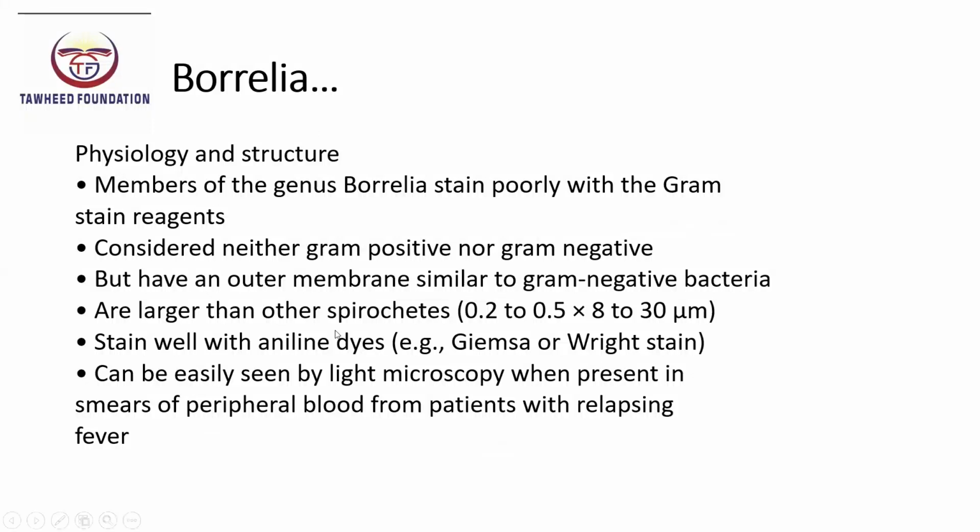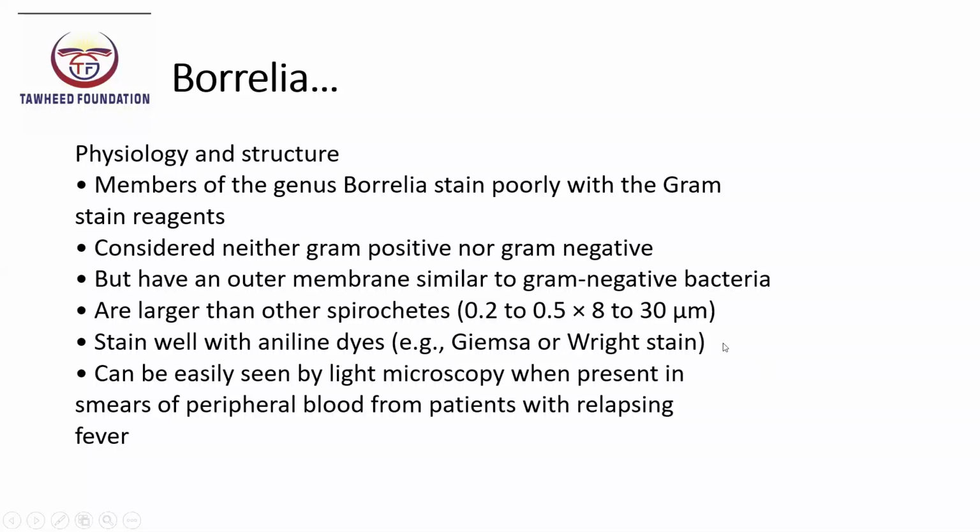So, physiology and structure of Borrelia. Members of the genus Borrelia stain poorly with Gram stain reagents. It is neither considered a gram positive nor gram negative organism, but it has an outer membrane similar to gram negative bacteria. It is larger than other spirochetes, that is Treponema pallidum and one more.